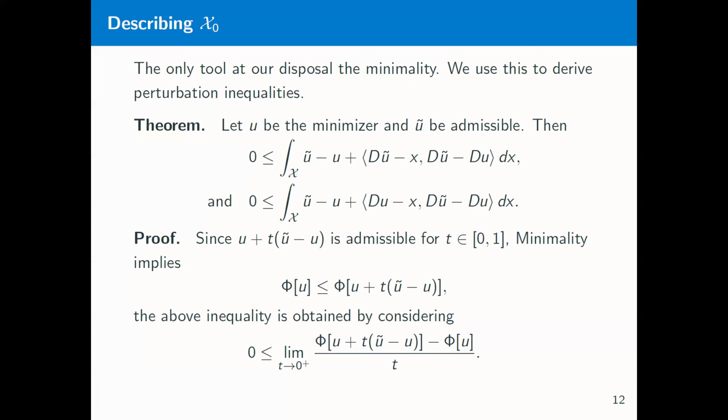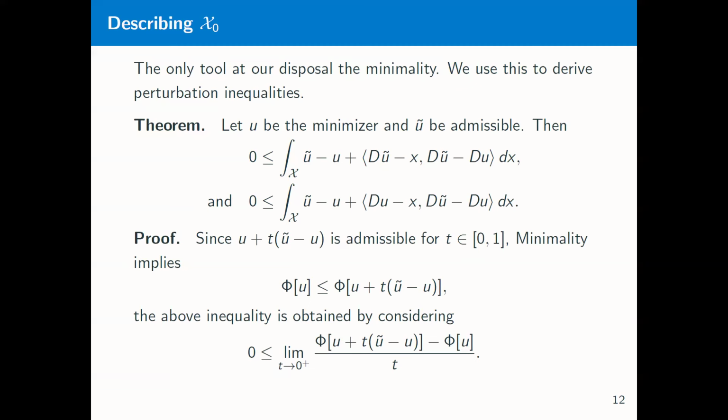We take any other admissible function. We note that all our constraints on the function are such that the set of functions satisfying those constraints forms a positive cone. So I can consider these convex perturbations only for t greater than 0, and we only need, for example, t between 0 and 1. We use minimality and we compute a one-sided derivative at the origin.